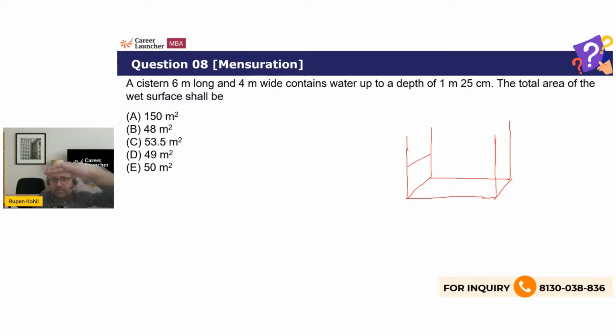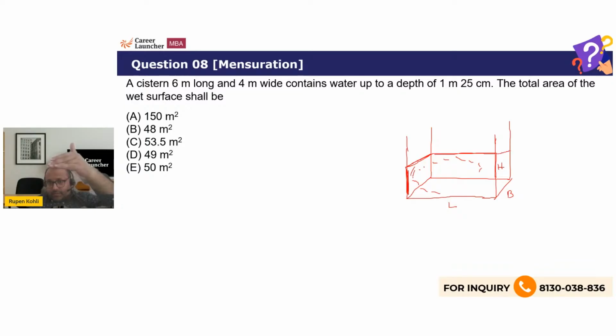So this wet surface is along the whole of the walls, right? If this is length, if this is breadth, and if that is your height, then this is breadth cross height, and that surface is length cross height.